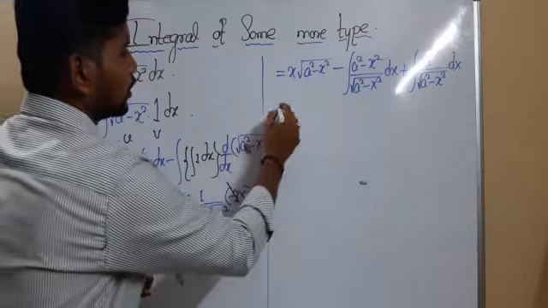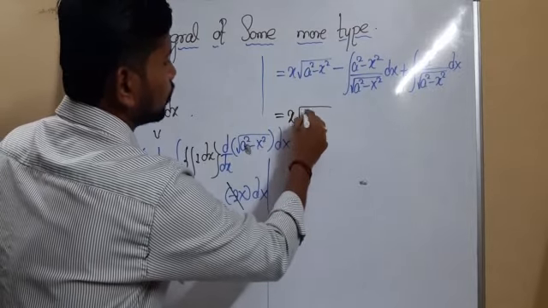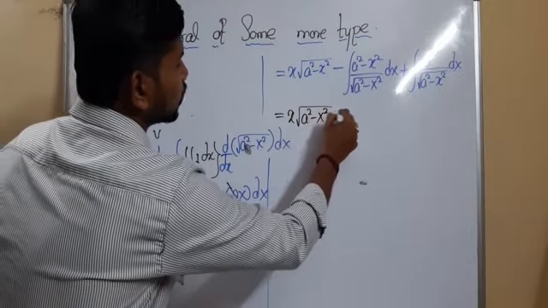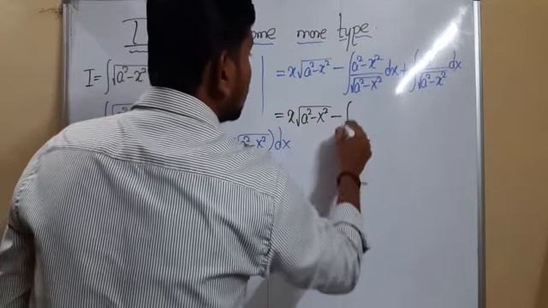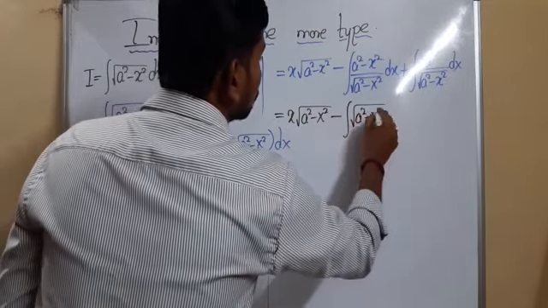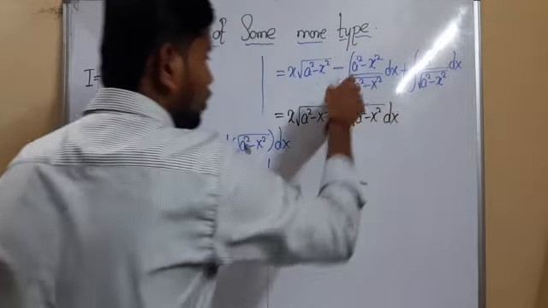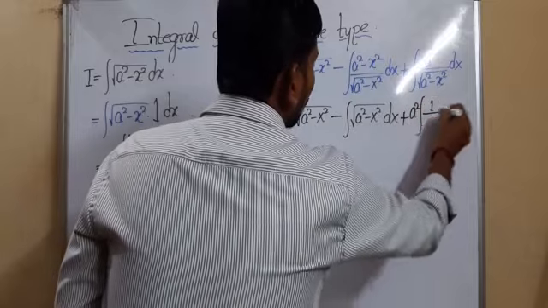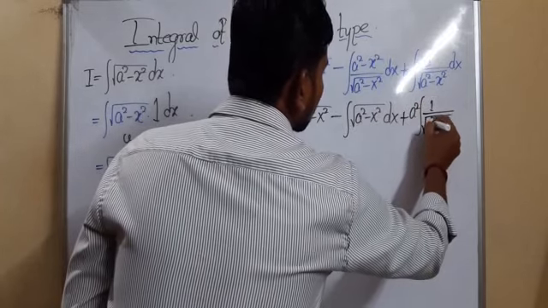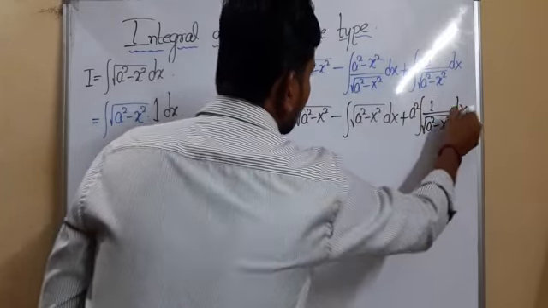The next step will be again very simple: x square root of a square minus x square minus, what is a square minus x square? Root term will be, 2 terms will be there, one term is left over. Another term will be cancelled with the denominator, plus a square constant outside, 1 divided by square root of a square minus x square into dx.